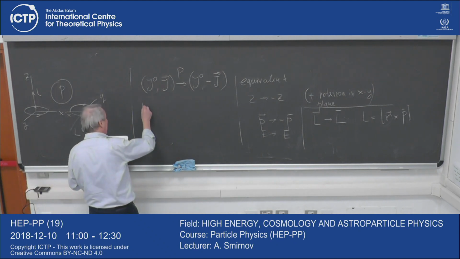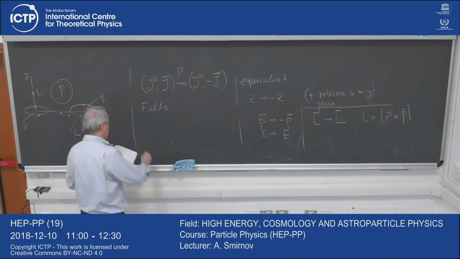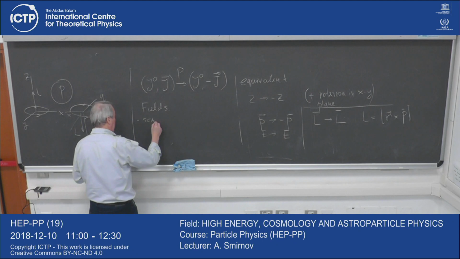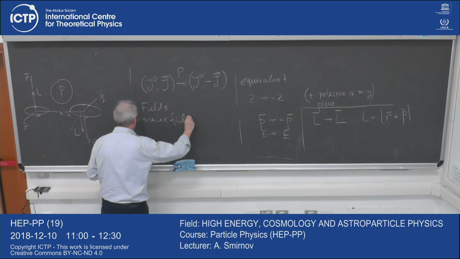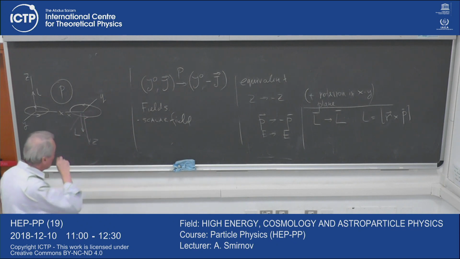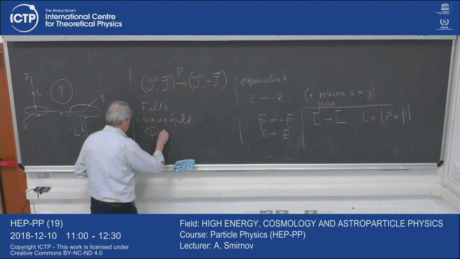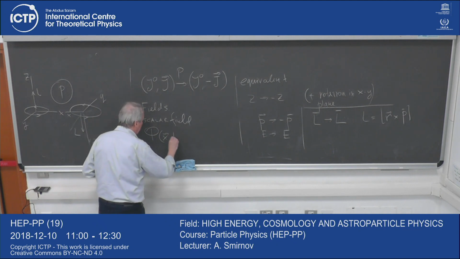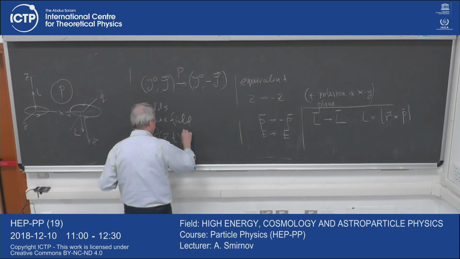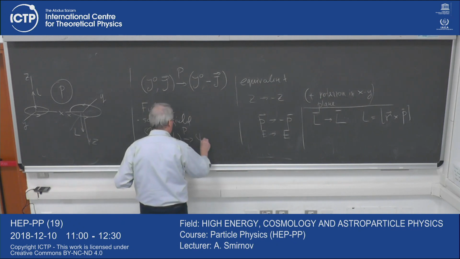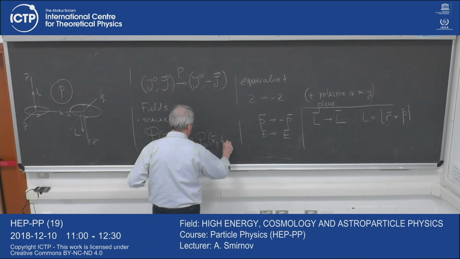So the fields. How is a scalar field transformed? We have f, which is a function of x and t. And under P transformation, it transforms to f_P of x_P and t.